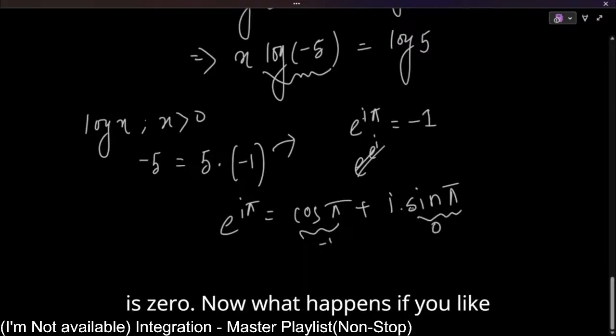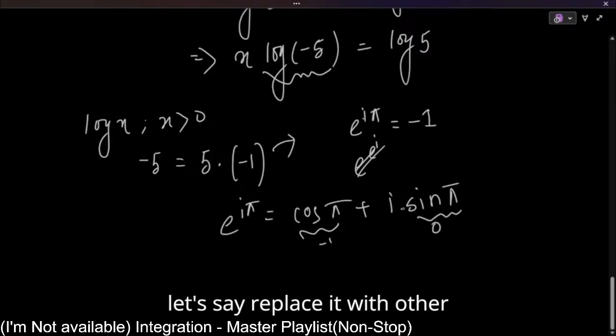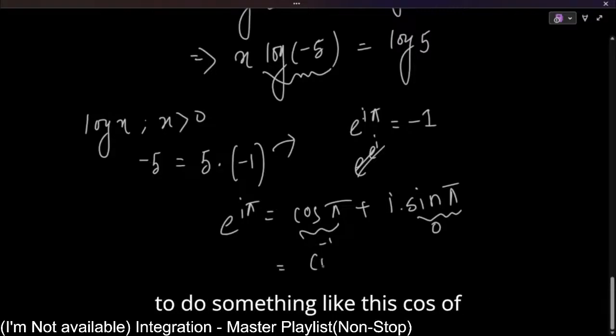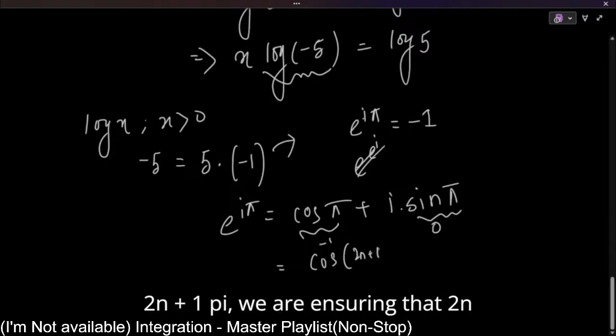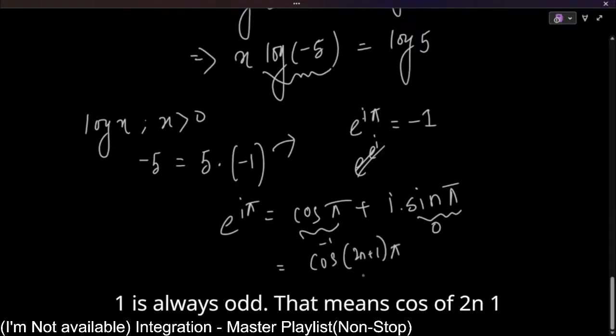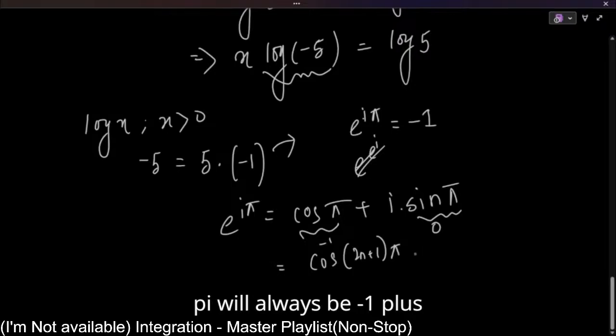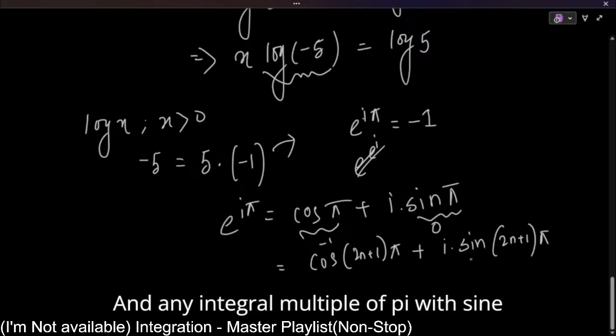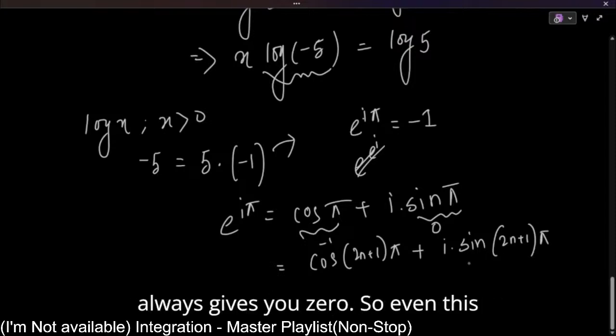Now, what happens if we replace it with other variables? Let's say we take cos of (2n+1) pi, where we ensure that 2n+1 is always odd. That means cos of (2n+1) pi will always be -1, plus i times sine of (2n+1) pi, and any integral multiple of pi with sine always gives you 0.